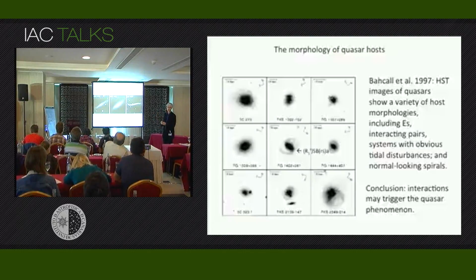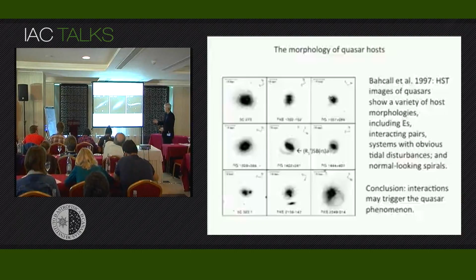Now, really interesting are HST images of quasar host galaxies, which you really can't see otherwise. This is from a paper by Bahcall et al., 1997. He's since deceased. And in these images, the quasar light has been mostly subtracted off so that you can see the galaxy, but there is some residual light from the quasars. And you do see a range of morphologies. That one in the middle is a relatively normal-looking (R1')SB(rs)a galaxy.